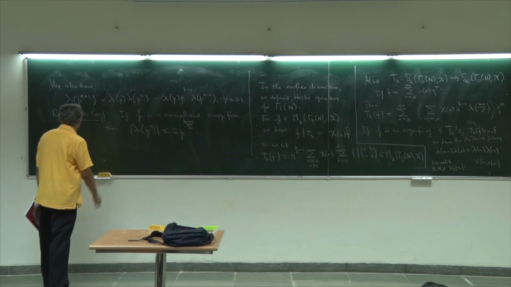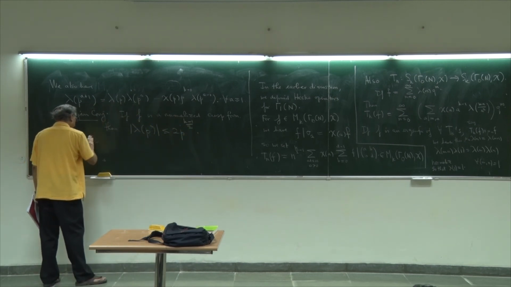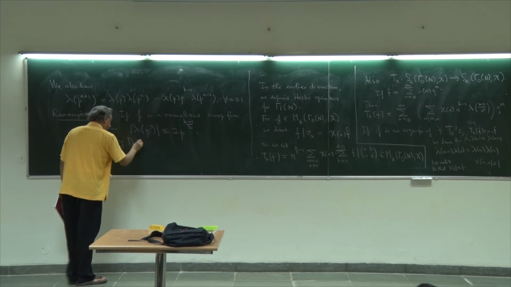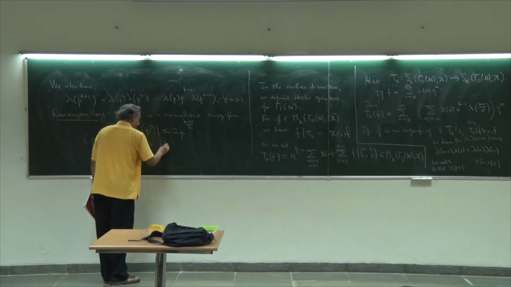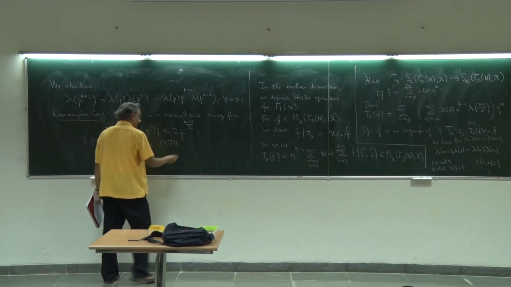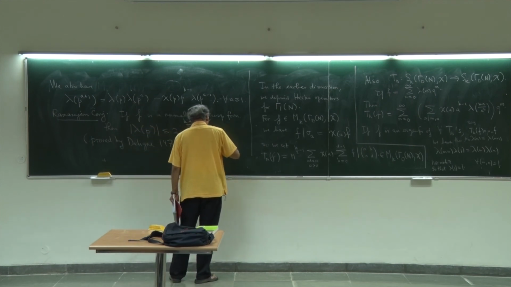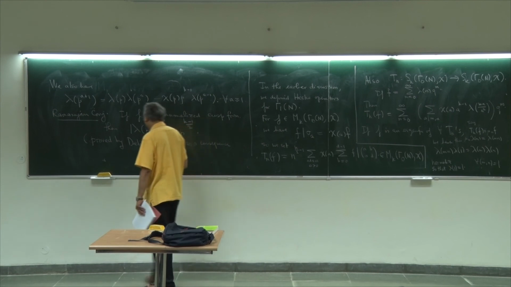And this is what was proved by Deligne in 1974 as a consequence of his proof of the Weil conjectures.